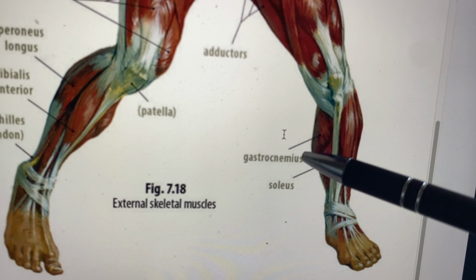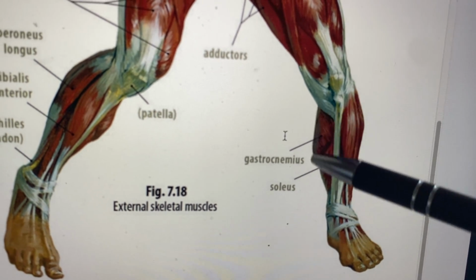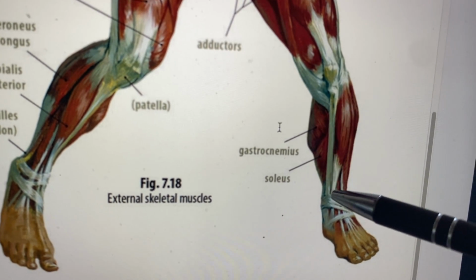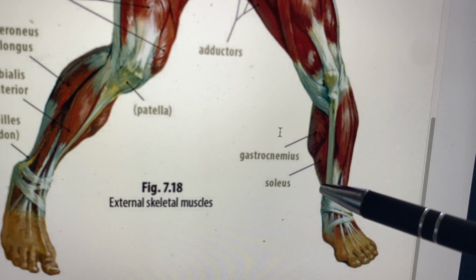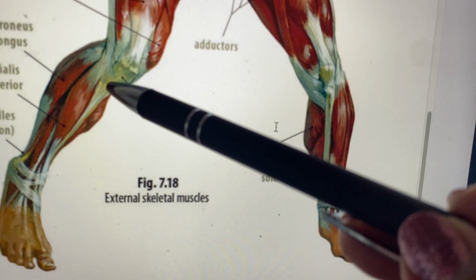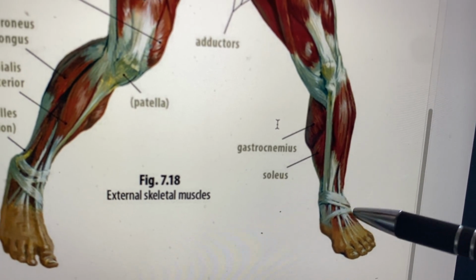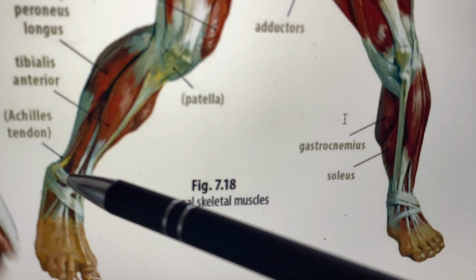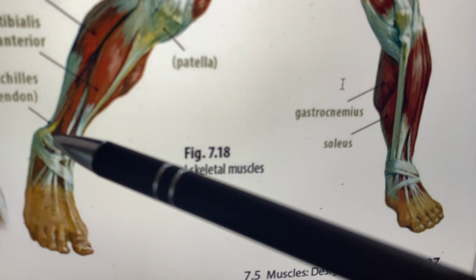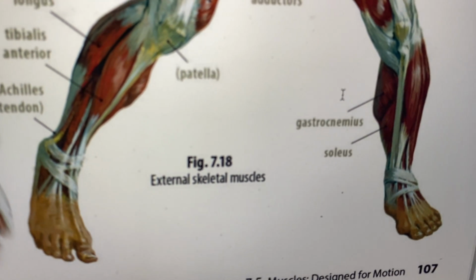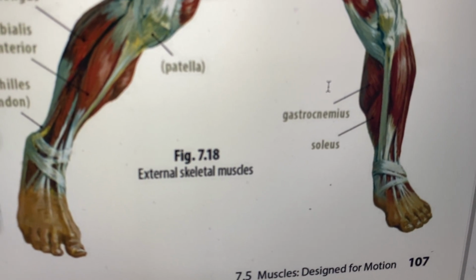This is called the gastrocnemius. The gastrocnemius comes down from the back of your calf down there. Here's your patella bone. And the soleus comes down into the Achilles tendon down here in the back of your foot. And so there you have your foot muscles.